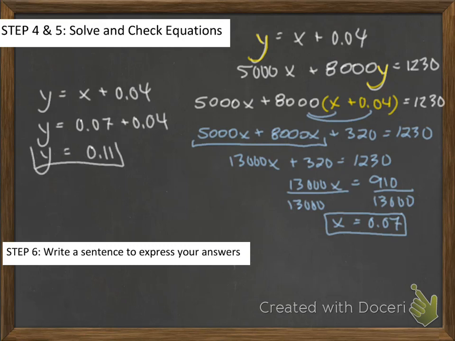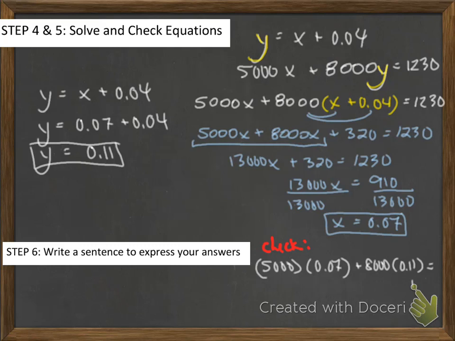Okay? And then, as always, we really need to check our work. So let's check our work using the other equation. Okay, so this is saying 5,000 times 7% plus 8,000 times 11% should give us $1,230. So let's see if that is true. So that gives us 350 plus 880 equals 1,230.